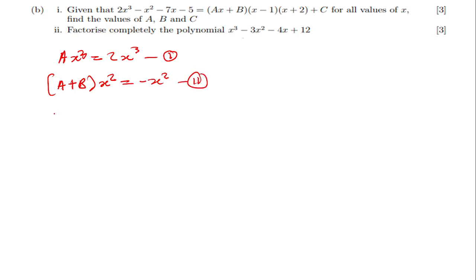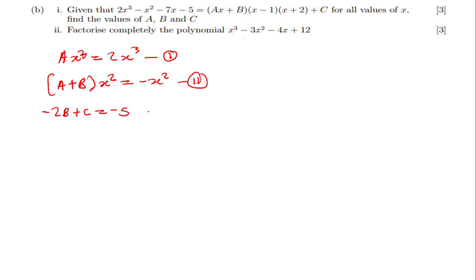And the last equation was negative 2b plus c equals negative 5. Okay, thank you for memorizing.